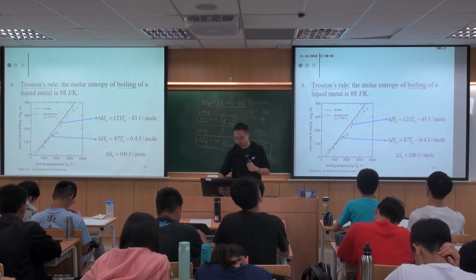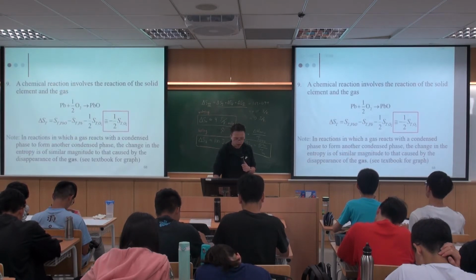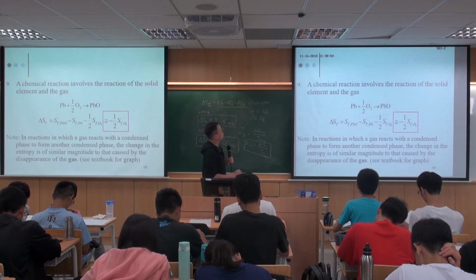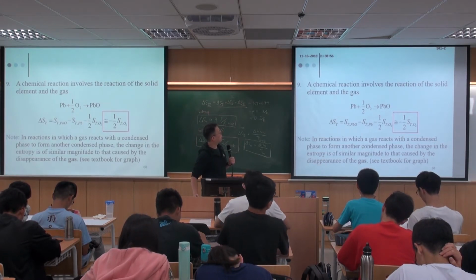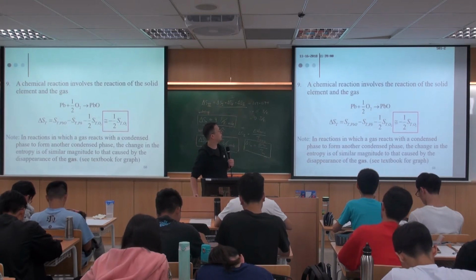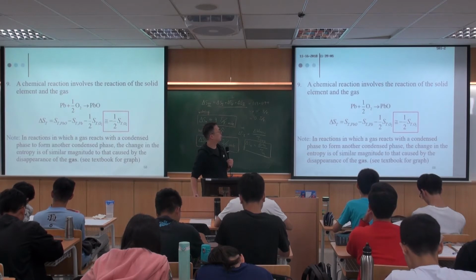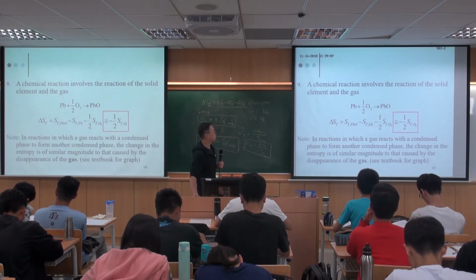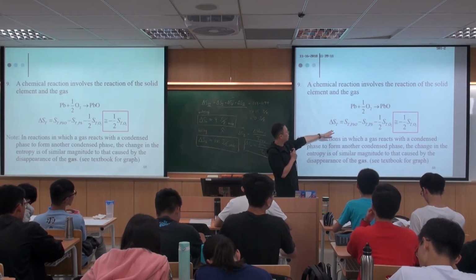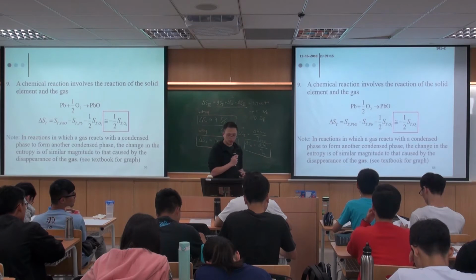Okay, so this is pretty straightforward. Therefore, if you look at a chemical reaction which involves the reaction of a solid element and a gas, for instance, let us look at this classic example of lead and oxygen becoming lead oxide. The change of entropy for that is, again, the entropy of products minus those for the reactants.